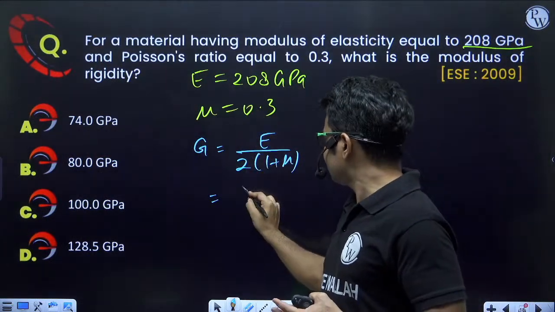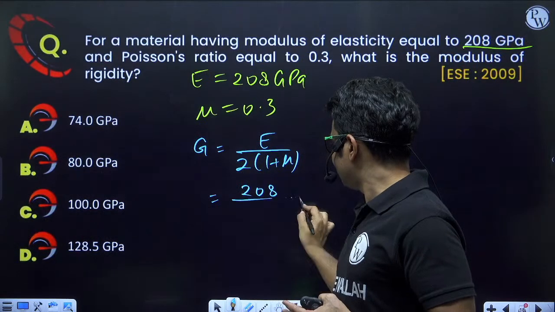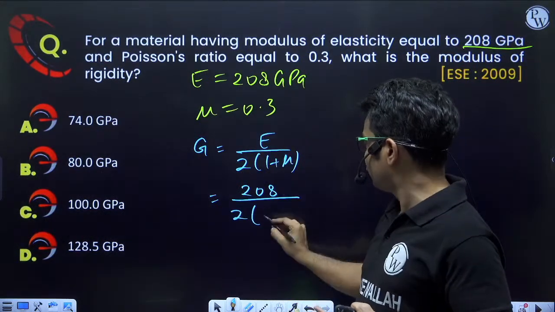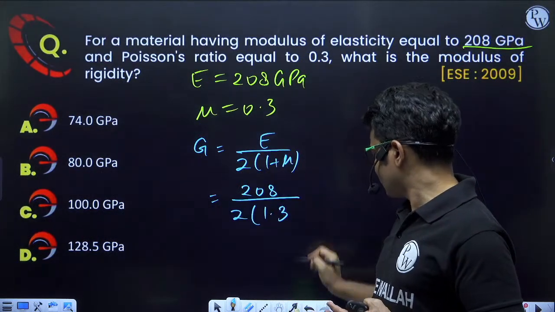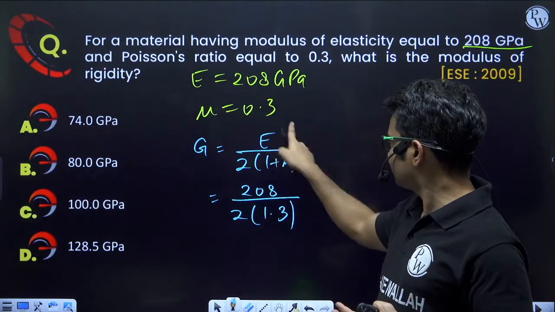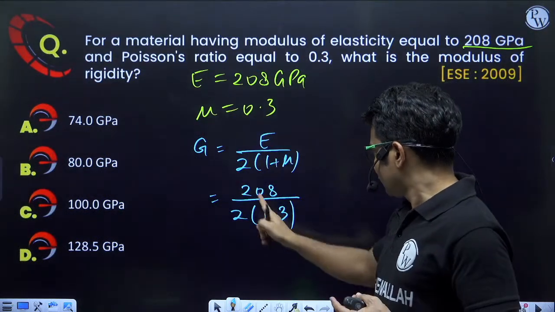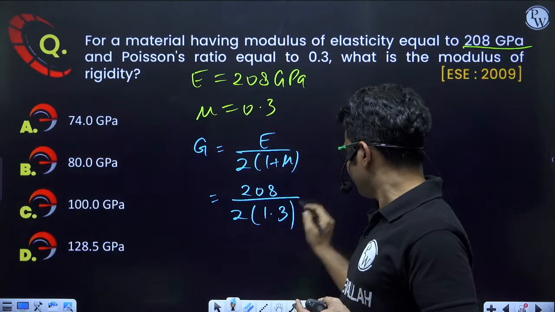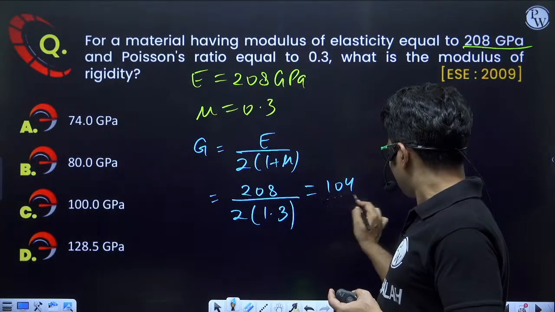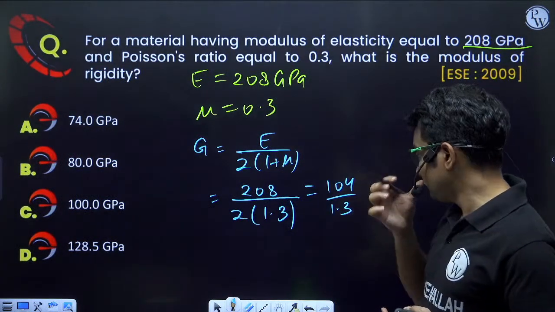Now Young's modulus is 208 gigapascal divided by 2 into (1 plus mu). 1 plus 0.3 is 1.3. So 104 by 1.3. How much approximately?